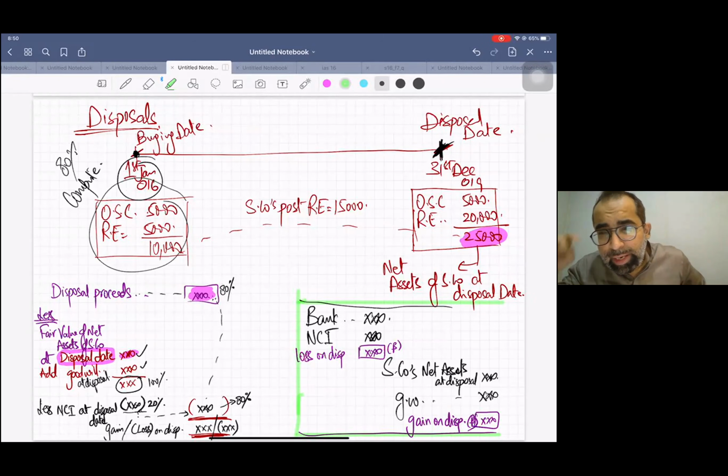So at the year end, no more assets and liabilities adding together in the balance sheet, strictly no, because you lost the control on the last day morning. Balance sheet is always as at, so you no longer have control in that company.